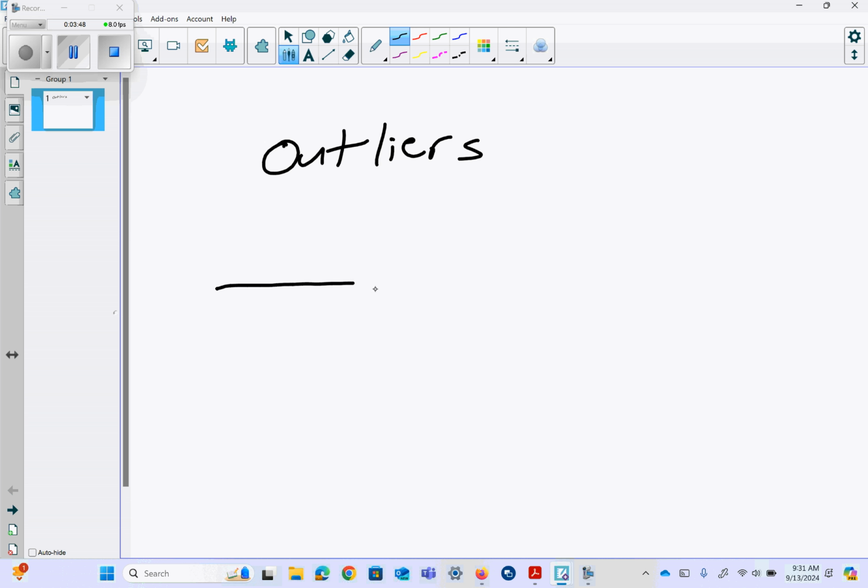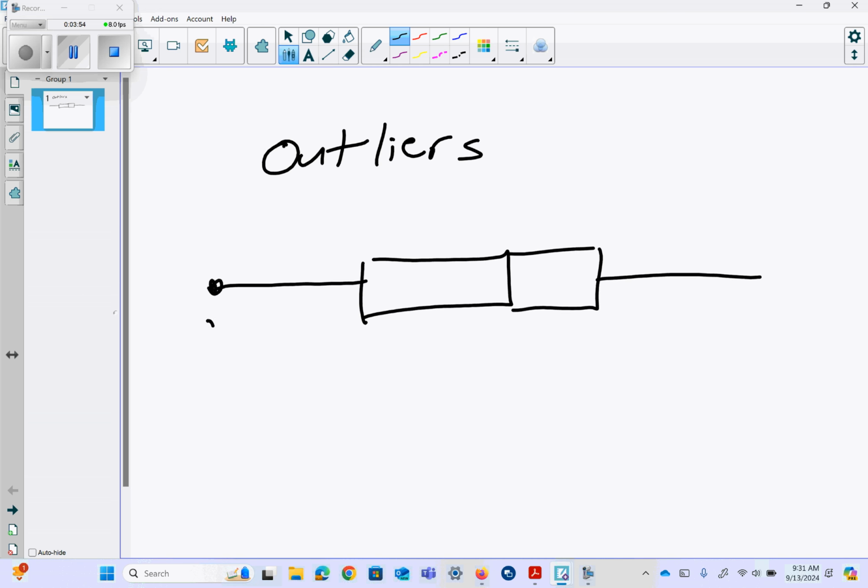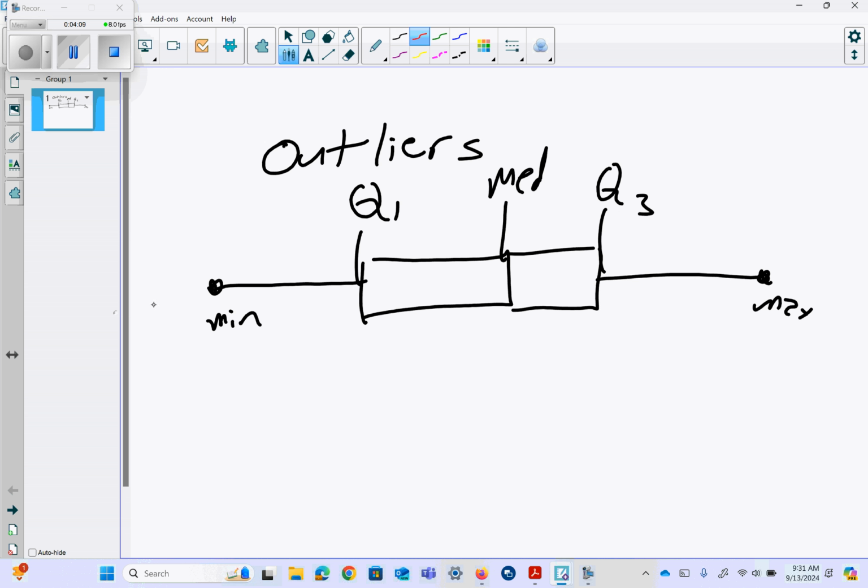And so an outlier, if you have a box and whiskers graph, you have a min, you have a max, you have this line being Q1, this being the median, and this being Q3. If you wanted to know where out here might an outlier exist, or where out here might an outlier exist, that's the thing.